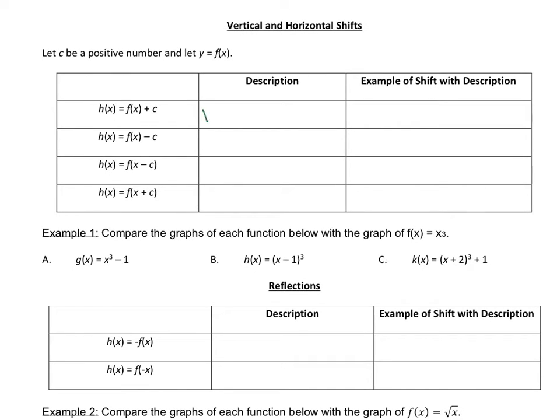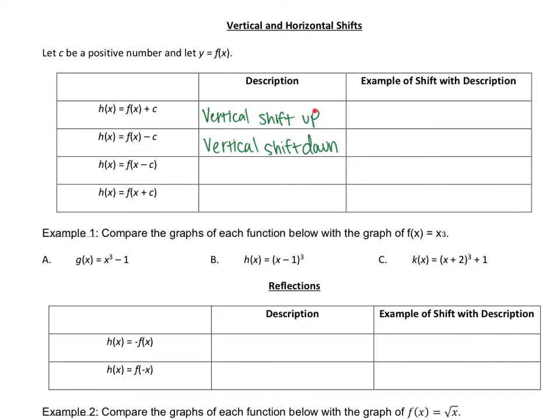So this is a vertical shift, and it is shifting upwards. Whereas if you have a negative sign like this one, you're going to be shifting it downwards, or shift down.